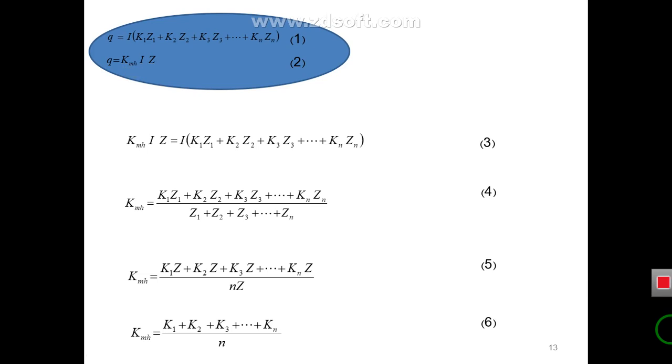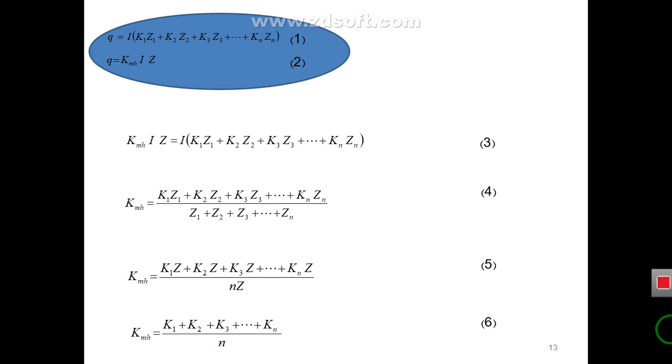Considering that equations number 1 and 2 are equivalent to each other, we can then write this expression. The hydraulic gradient I can be removed from both sides to give equation number 4. If the layers have the same thickness, equation number 4 is summarized to equation number 5, and finally equation number 5 can be further summarized to get equation number 6.